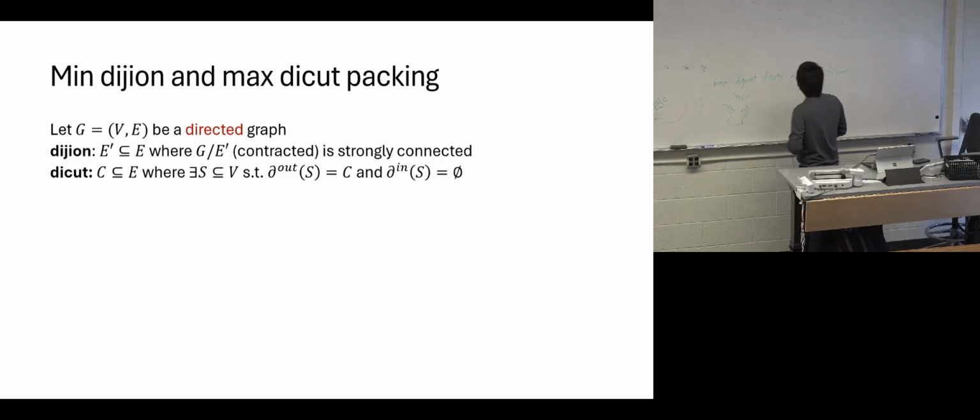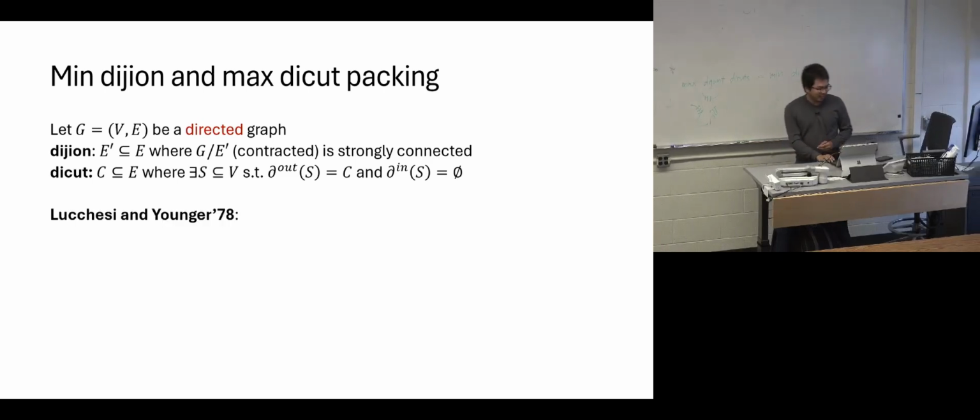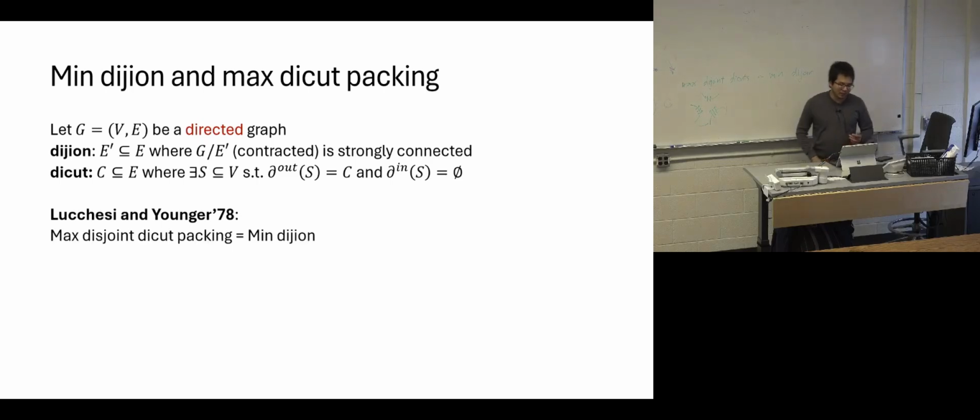Okay, but it turns out that this is equal. So that's a very interesting, strange phenomenon that is true. And the proof is from a long time ago too. But actually the systematic proof is later by Frank.